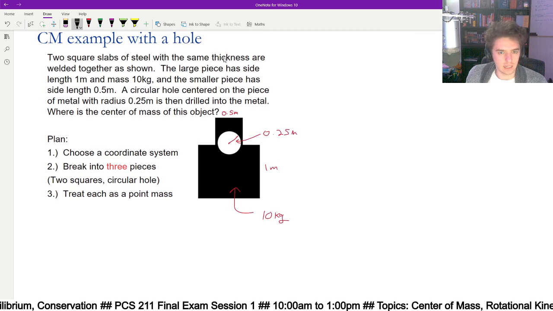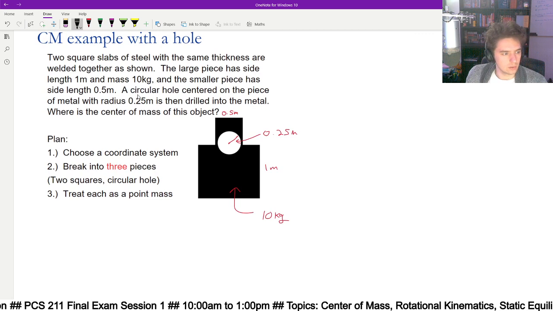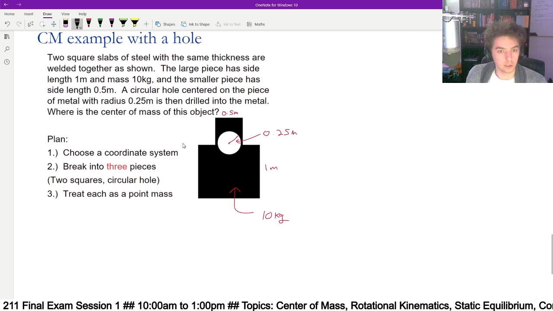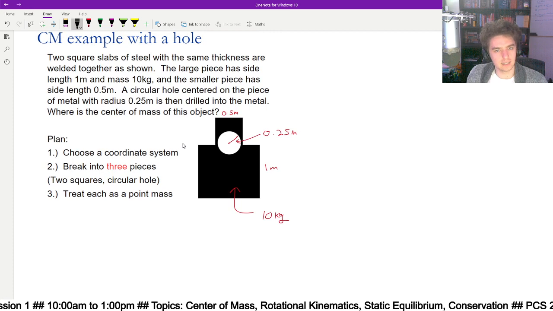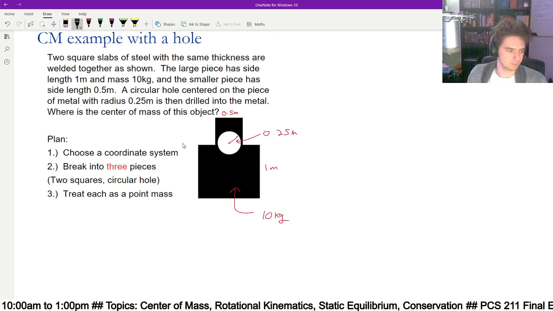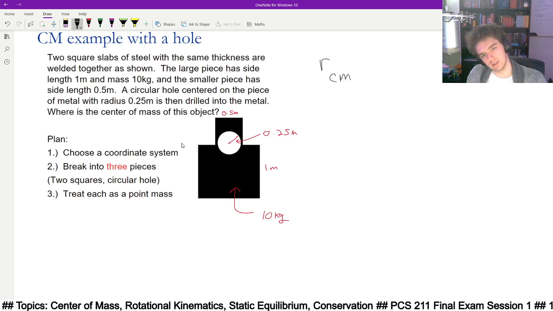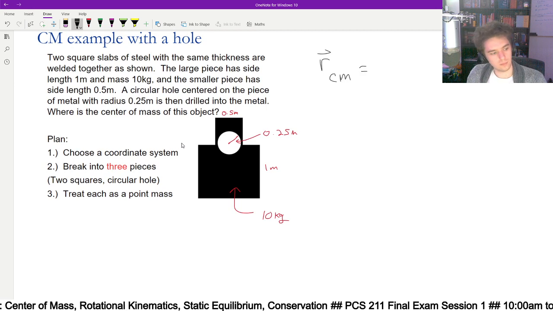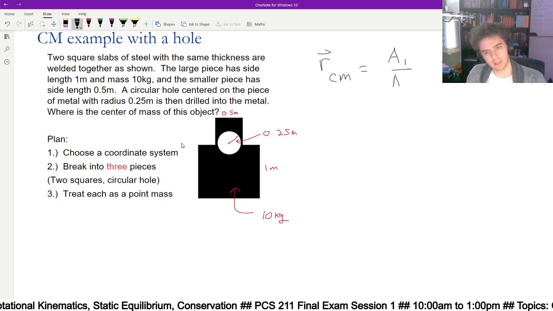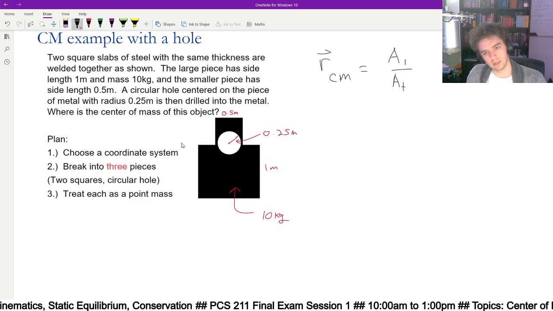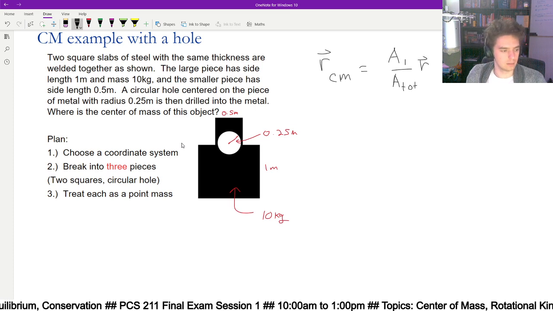It does say same thickness, so I assume it has uniform density. If you know it has uniform density and uniform thickness, there's another way to calculate the center of mass. The center of mass is the area of each piece divided by the total area, times the point where it's at.